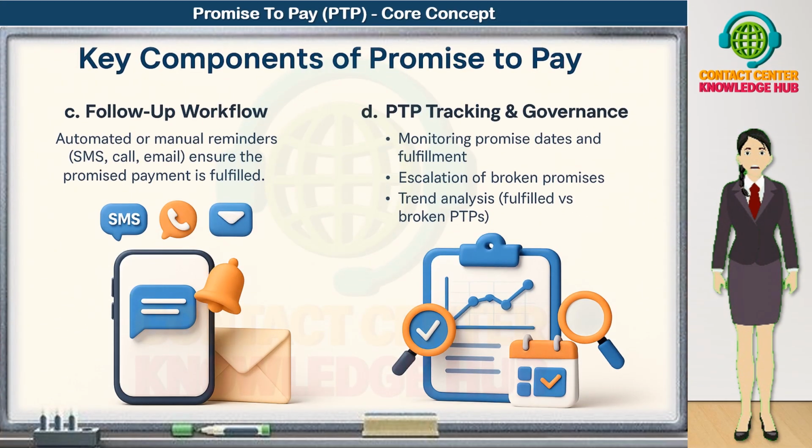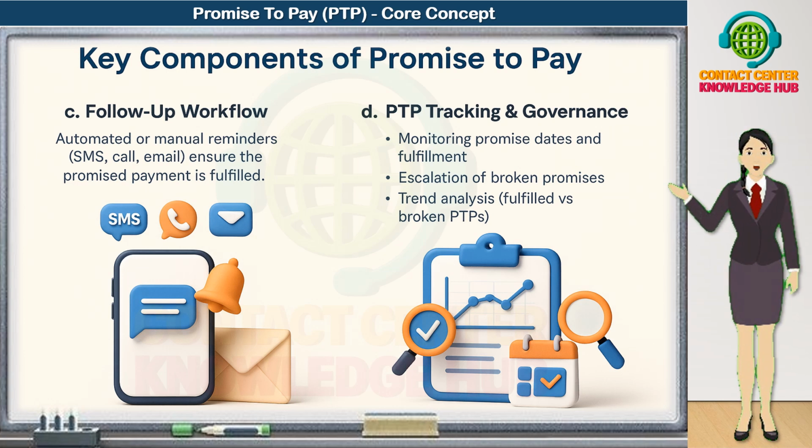Let's now focus on the next two key components of promise to pay: follow-up workflow and PTP tracking and governance. First, follow-up workflow. Securing a promise is only the beginning. To make sure those promises turn into real payments, timely automated or manual reminders, whether through SMS, calls, or emails, are essential. A structured follow-up process keeps the commitment top of mind for the customer and significantly increases fulfillment rates.